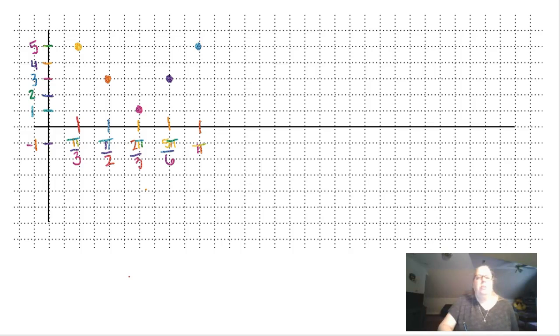Okay. And then we just sketch our graph in. And it's going to look kind of like this right here. And then the regular cosine curve. Let's see. At 0, we know the cosine would be 1. At pi over 2, we know the cosine would be 0. And at pi, we know the cosine would be down here at -1.